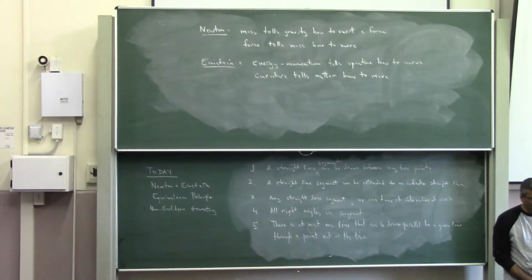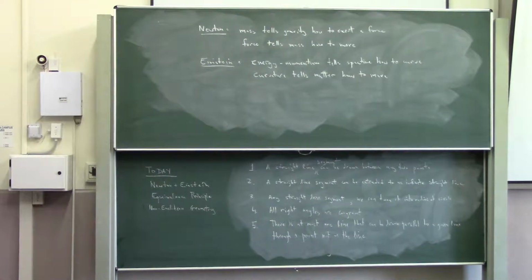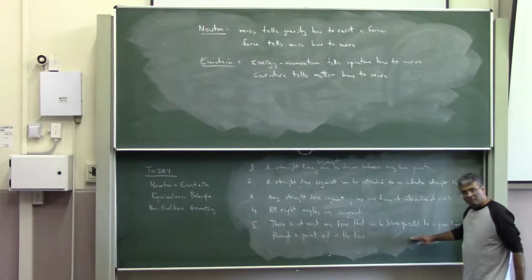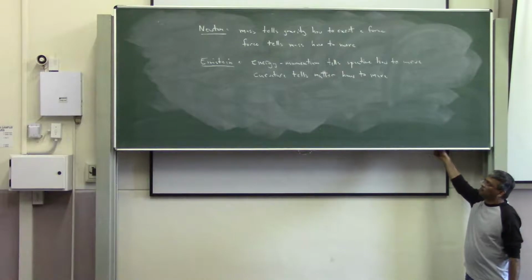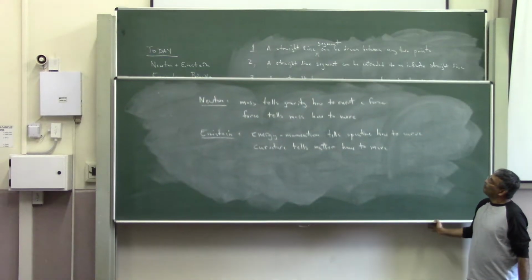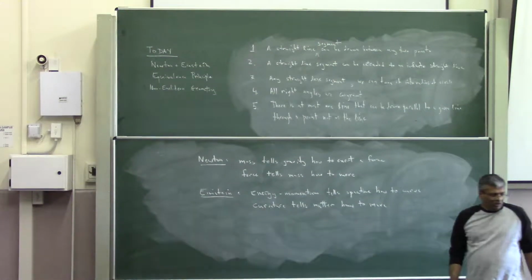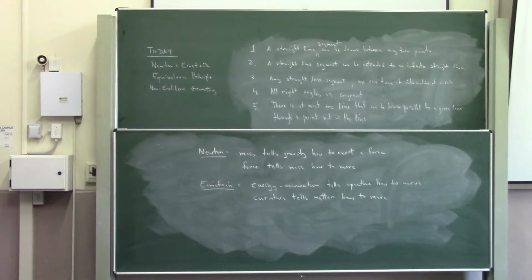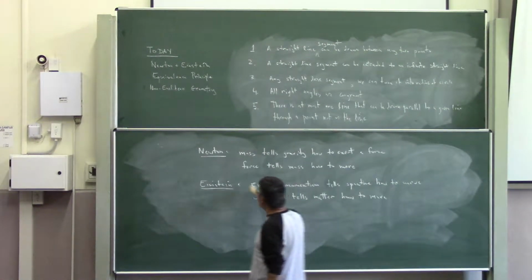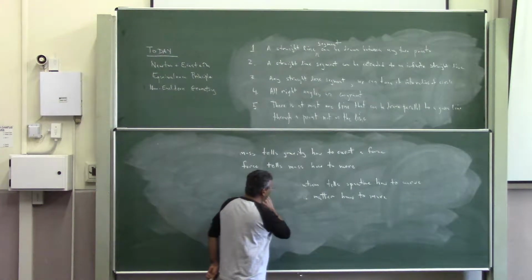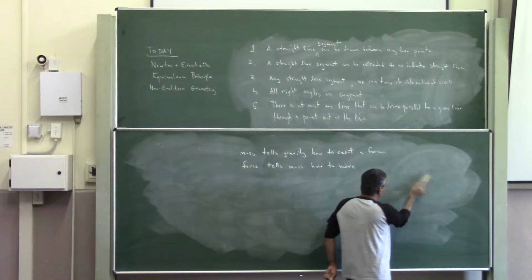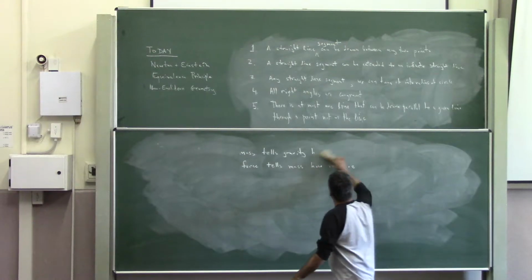So, for a long time, people tried to prove this fifth postulate. No one succeeded. The story was essentially from Euclid's day until the early 19th century, pretty much unchanged.